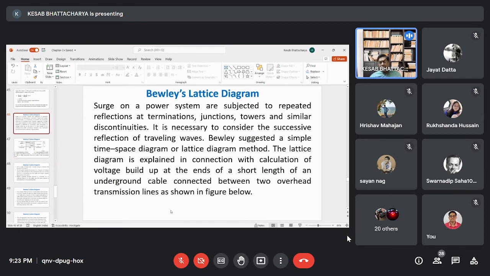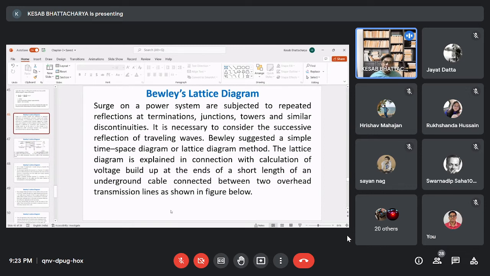We have by this time seen that whenever a traveling wave meets a discontinuity, a part of the traveling wave is transmitted forward and a part is reflected back. And if there are a number of discontinuities in the line or in the transmission system, then this reflection and refraction of traveling waves will be a continuous process.